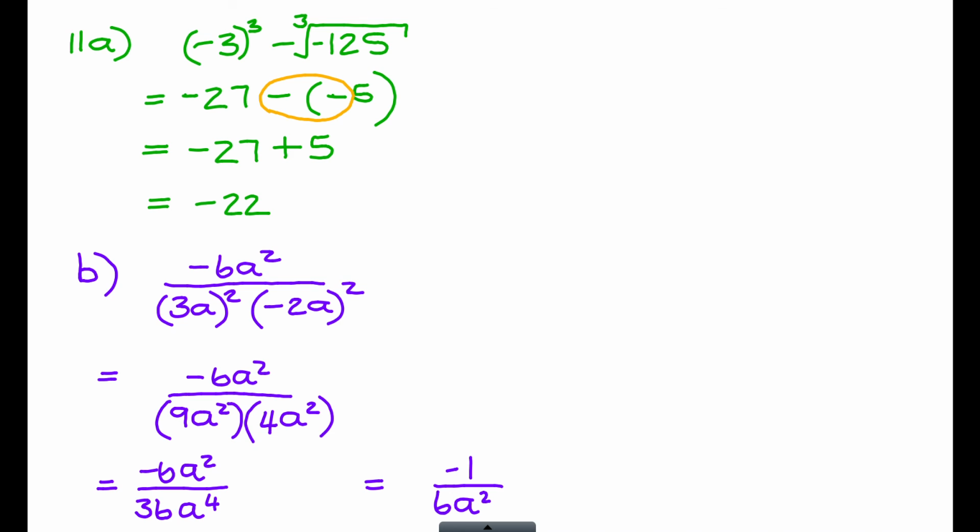I got that, except I skipped the second step and the third step. So you went from here to there. No, ma'am, I went from there to minus 6a to the power of 2 over 36. And then to there and then the answer.